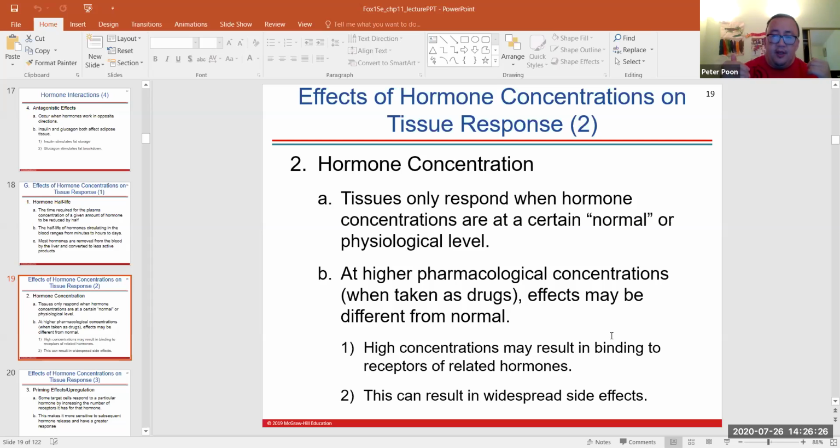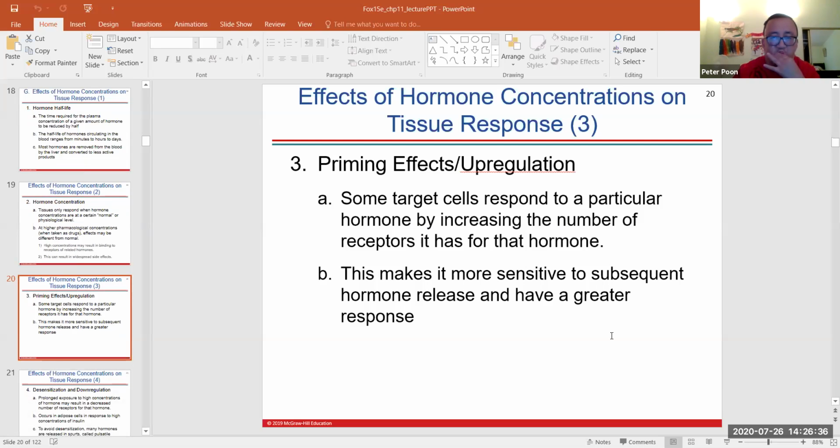So at higher concentrations, they start binding to things that they maybe shouldn't. And that's why you can't just randomly inject someone with some hormone that you know the mechanism of action for, because you don't know the side effects. It could bind to another similar receptor that has other actions.